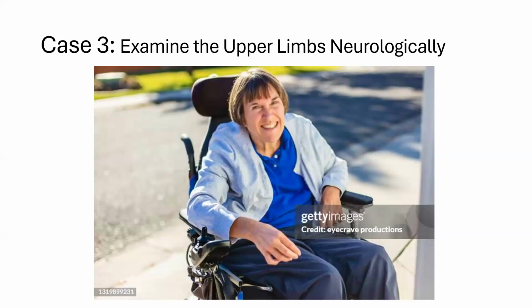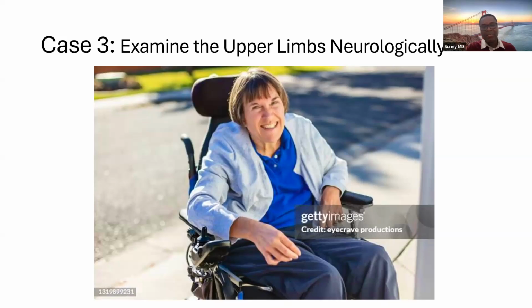From there, I would like to start off with the tone, assess for any spasticity or rigidity. The tone is quite brisk on both sides, but worse on the left. Okay. From there, I would like to check for power: shoulder abduction, elbow flexion, extension, wrist flexion, finger adduction. She has abduction weakness.